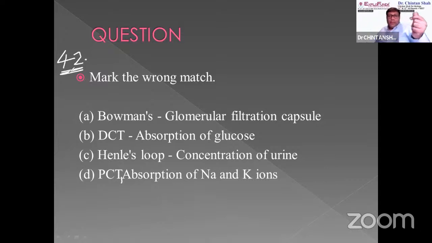The question number 42. Quickly, go for it. 42, where is the wrong match? It's an amazing question.